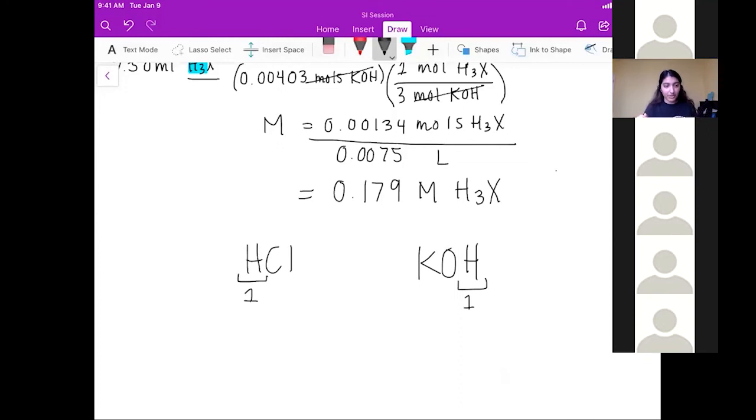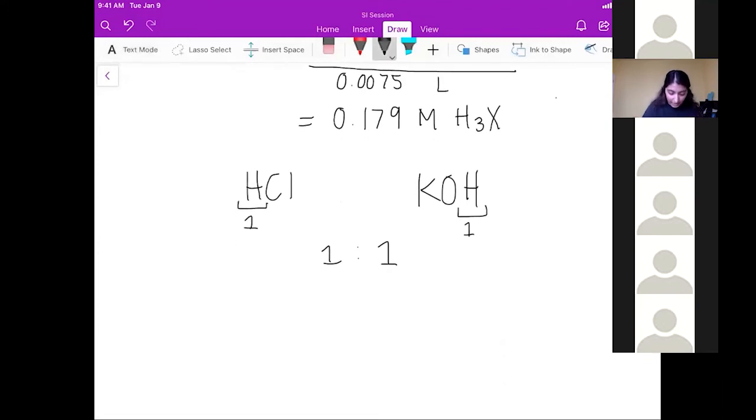So the mole ratio is just 1 to 1. But for the problem we just had, we have H3X and we have KOH. In KOH you still have 1 hydrogen, but now you have 3 hydrogens in your acid. So now the ratio is 3 to 1.